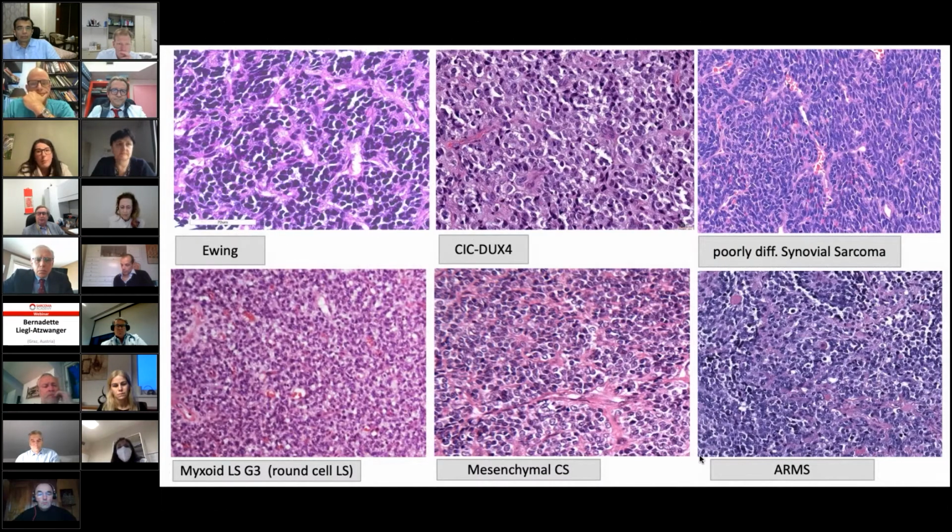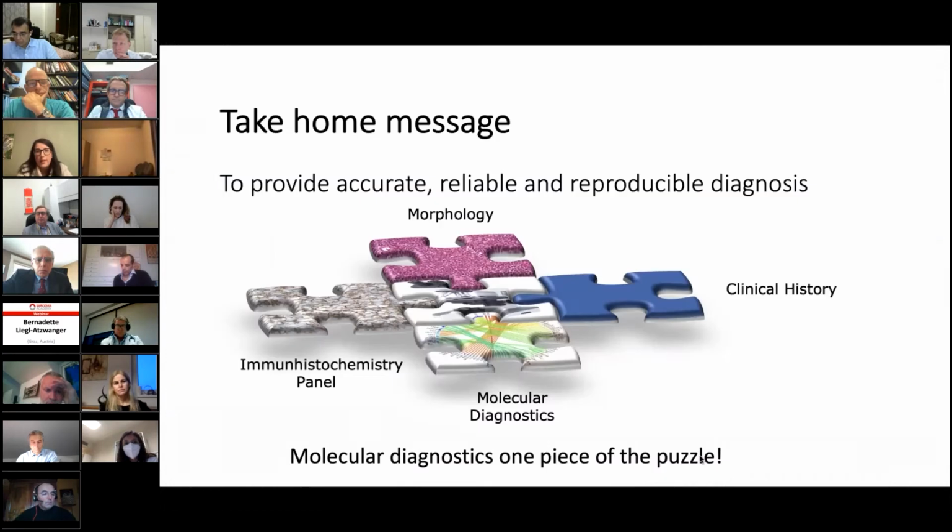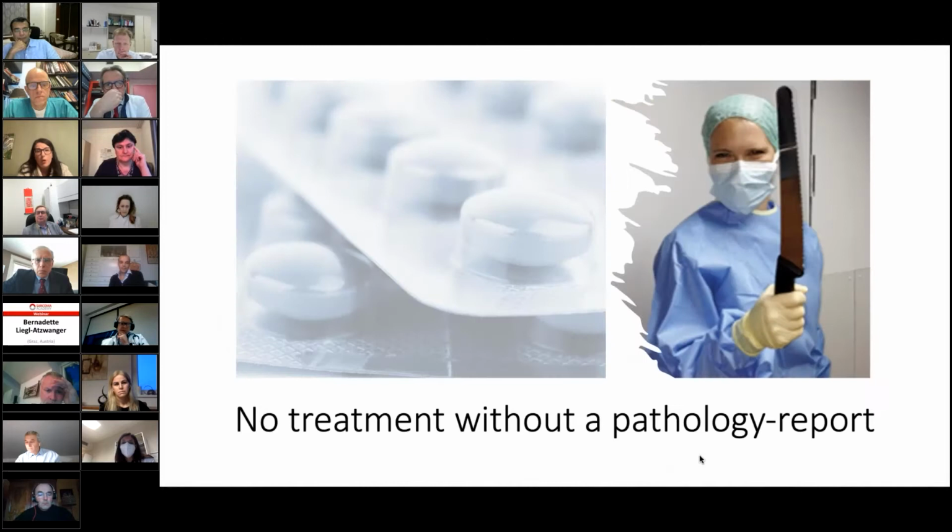So to sum up, I hope that I was able to show you some issues in diagnostic pathology and some hints how you as clinicians can help us to solve these problems. I think that we can provide accurate, reliable, and reproducible diagnoses by putting together all the puzzle pieces, and molecular diagnostics, at least in my view, should be one part of the puzzle, but should not drive the diagnosis upfront.